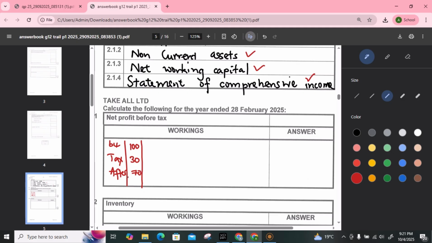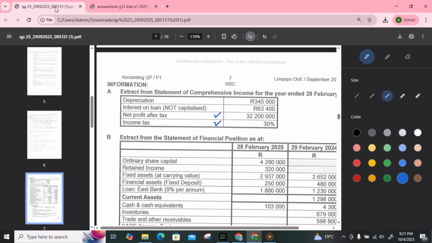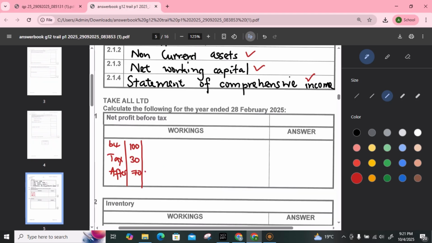Right? Now, if you go back to the income statement, we have 32,200,000. You place your 32 million 200,000 here, and this will be a dash. Then we are going to apply what we want over what we have, cross multiply by the amount.